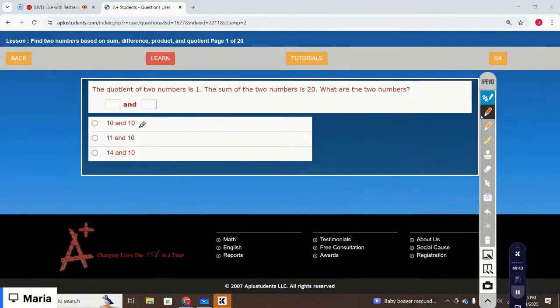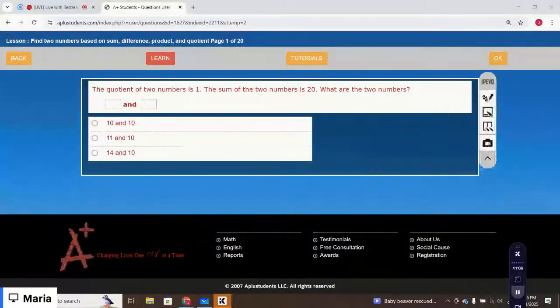So just look at the first one. 10 divided by 10 is 1. That is the quotient. And when you add them, 10 plus 10 makes 20. So the correct option is option number 1. 10 and 10.